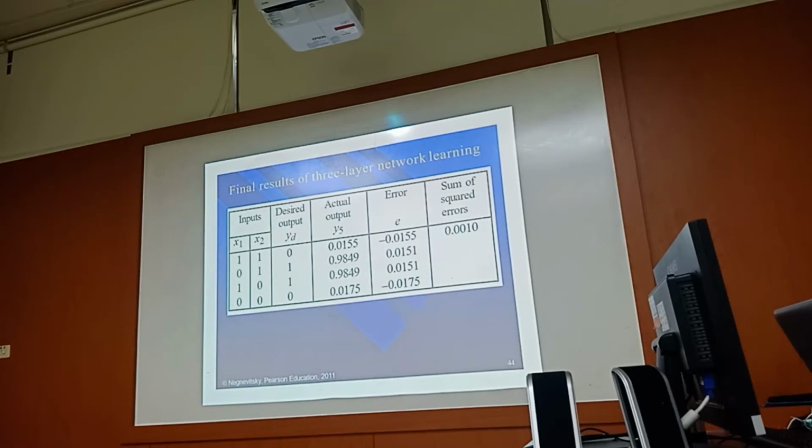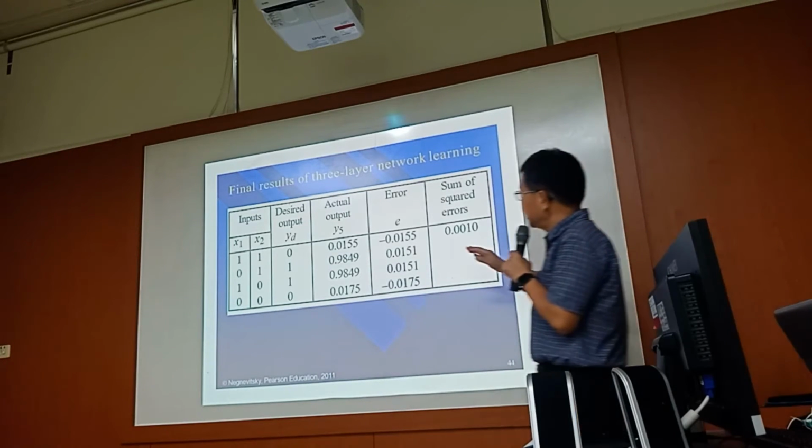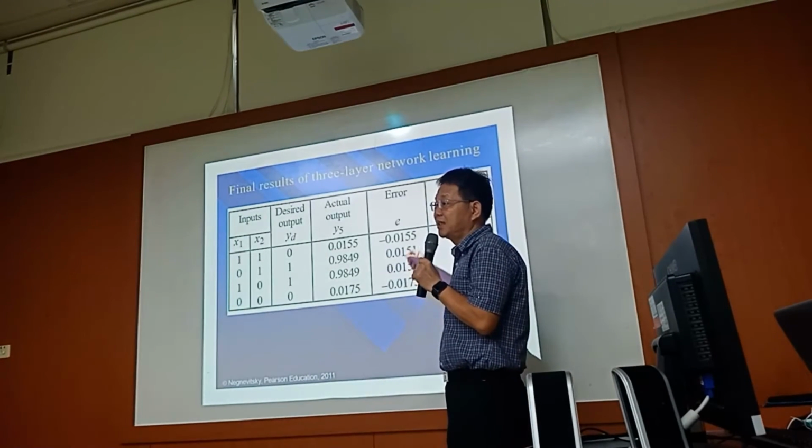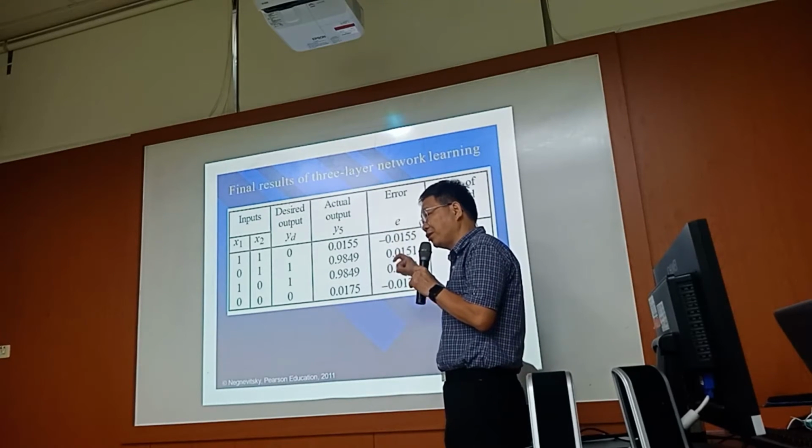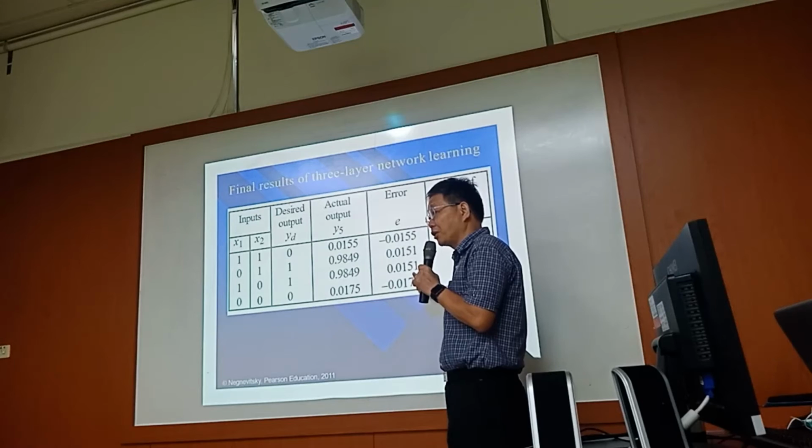This is the XOR. XOR uses a neural network. Sometimes when we train a neural network, the error may not be 0, but less than a threshold. That is okay.